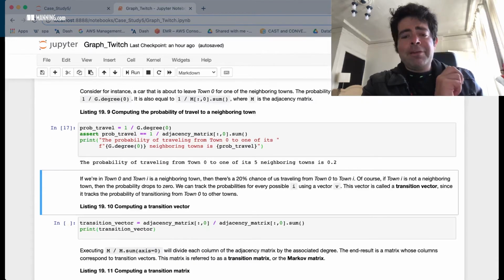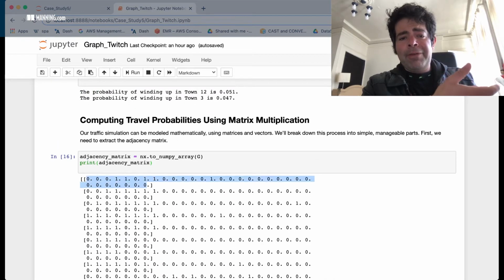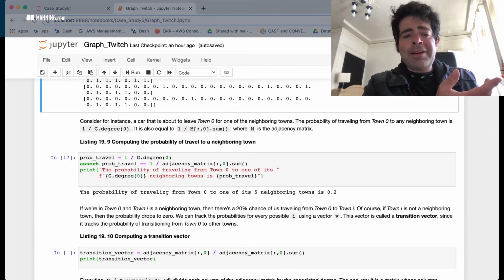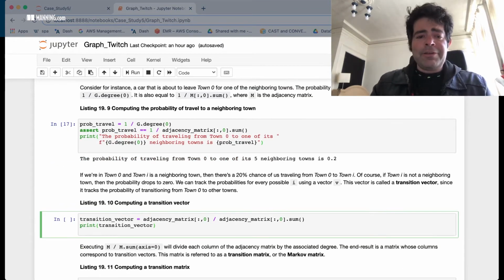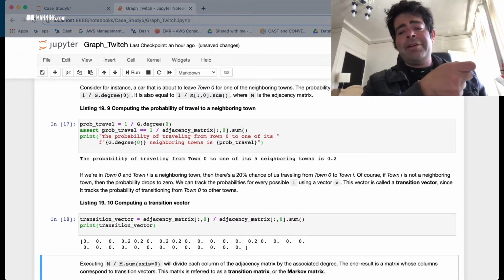What we can do is take this probability, and then multiply it by all of the values in row 0 or in column 0. And what that is going to give us is what's called a transition vector. And the transition vector is basically the probability of going from a particular town to any town j.